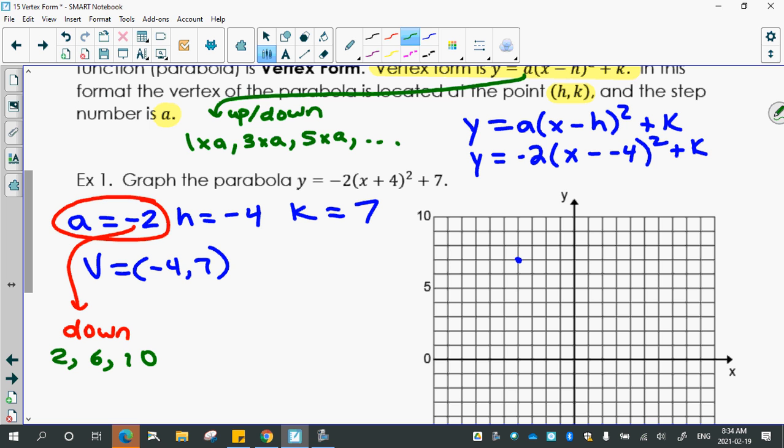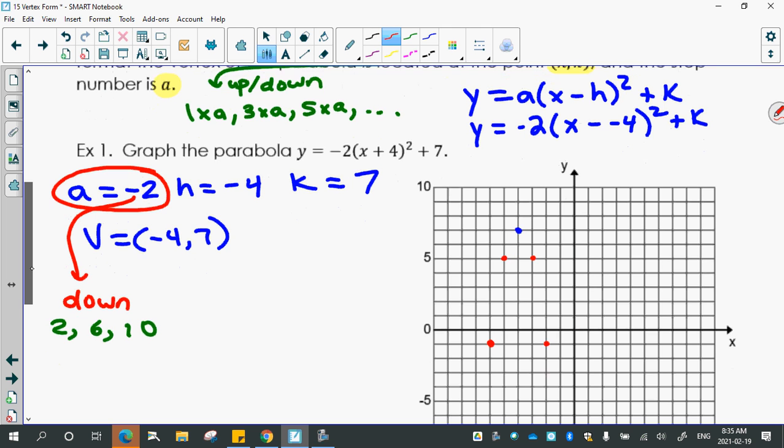Okay? So all we need to know is the vertex and the step number, and we can draw the parabola. Because it means from our vertex, we're going to go over 1, down 2 on both sides. And then over 1 and down 6 on both sides.